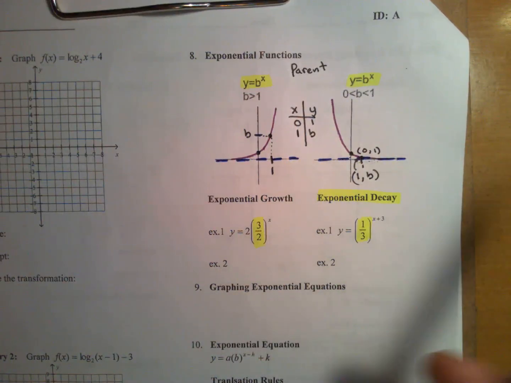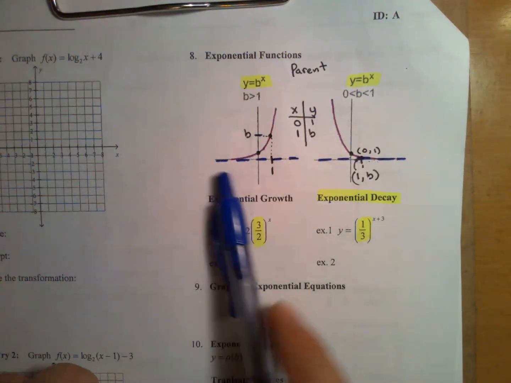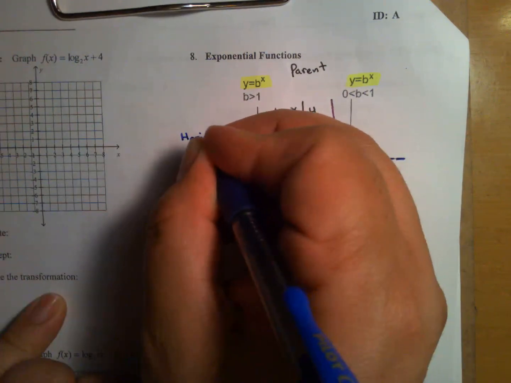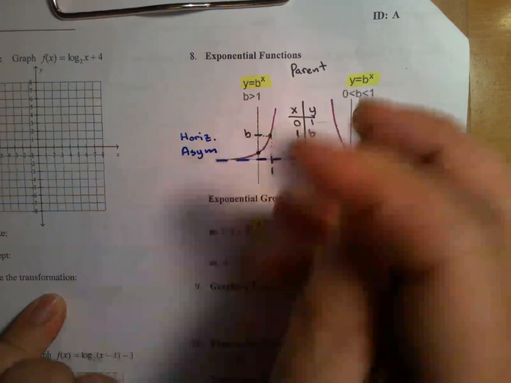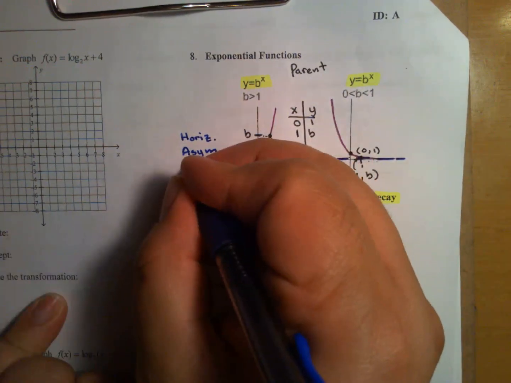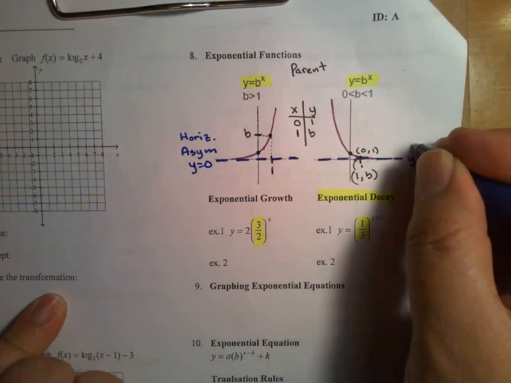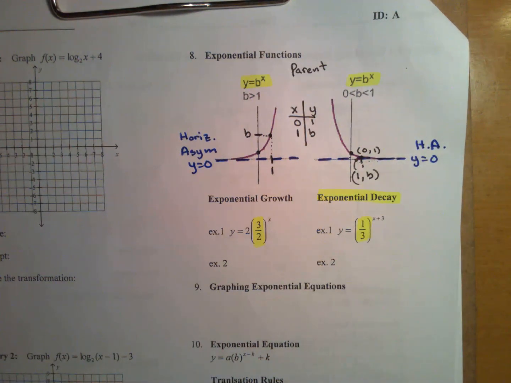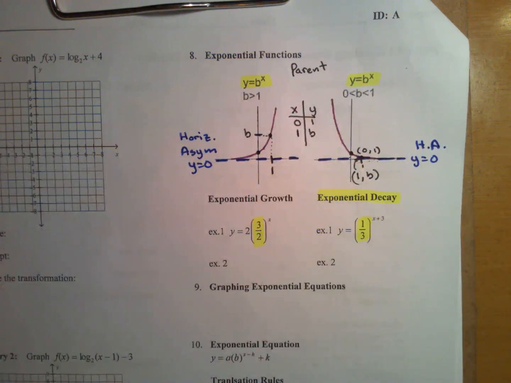And so one of the things that we mentioned about an exponential function is that they have horizontal asymptotes. They both do. So the horizontal asymptote, I'm just going to cut it short there. The horizontal asymptote is the x-axis, otherwise known as y is equal to 0. So you see y equals 0 is the horizontal asymptote for an exponential function, but most precisely for the parent function.